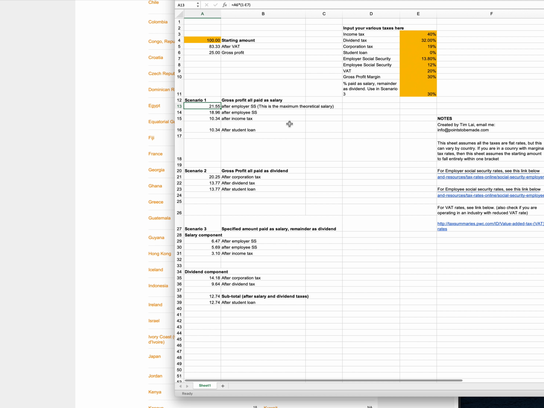Then this is your theoretical maximum salary after deducting employer SS. Employee social security is going to be 12% in this case. And then after income tax, it's another 40% out of your theoretical salary.